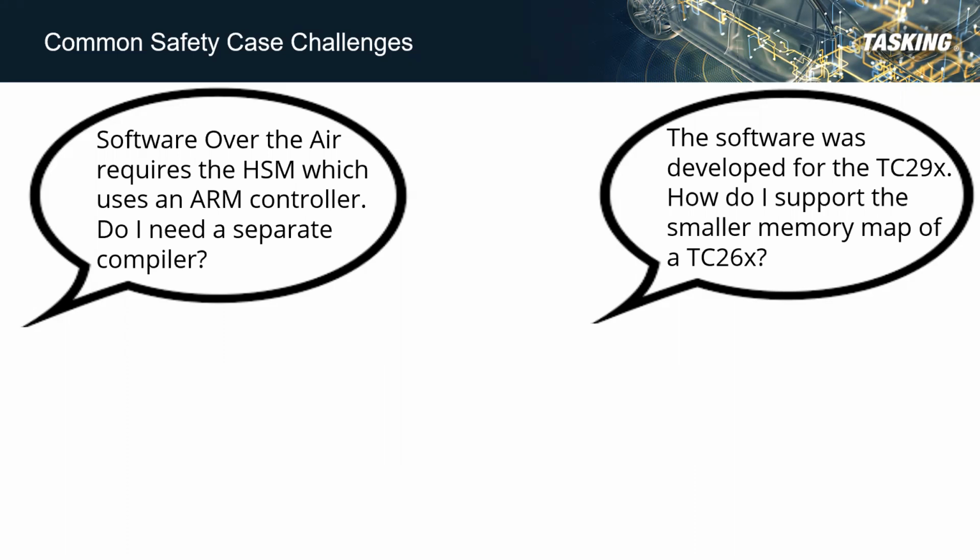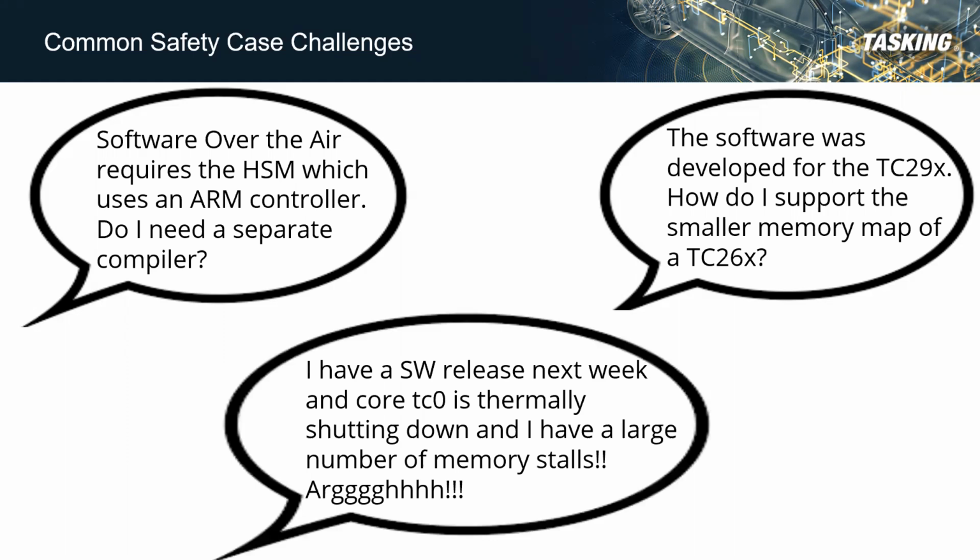So how do they support the memory map of a TC26x, which is significantly smaller? And I have a soft release next week, and core 0 is thermally shutting down and I have a large number of memory stalls. Can you help me? Tasking offers some optimization tools to help limit stalls and optimize the performance.